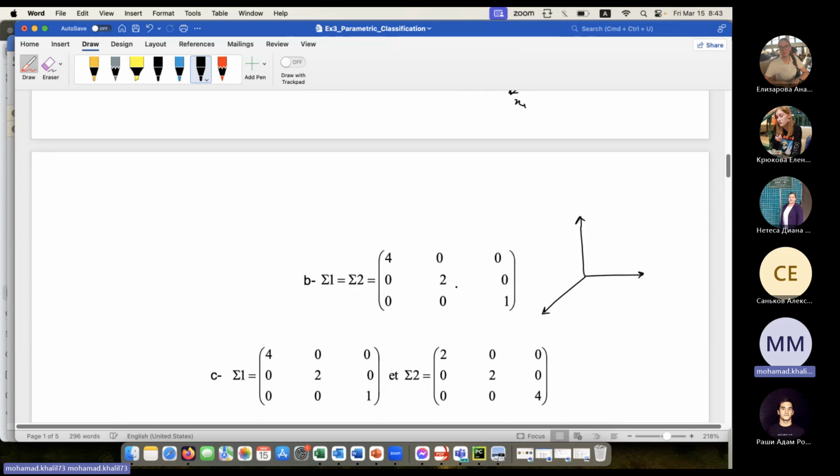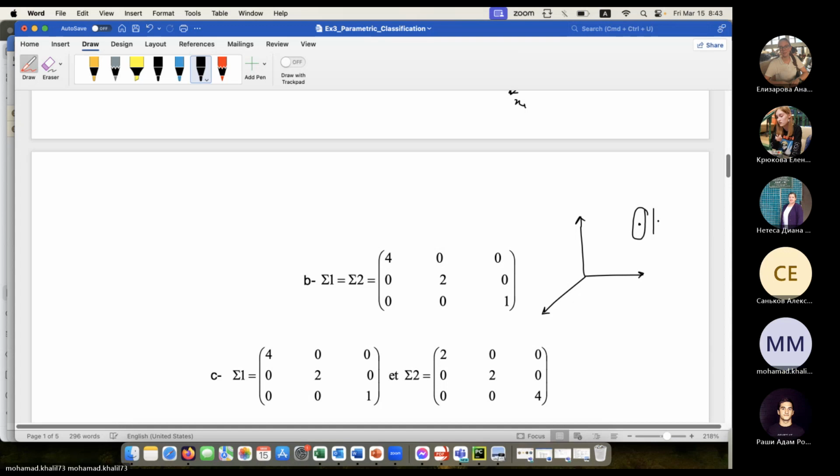Here, no. Here, 4, 2, 2 means that for class 1 you have to divide by the variance, so the x is 1 over the variance. Around x3, it is very big, so it's an ellipsoid, something like that.